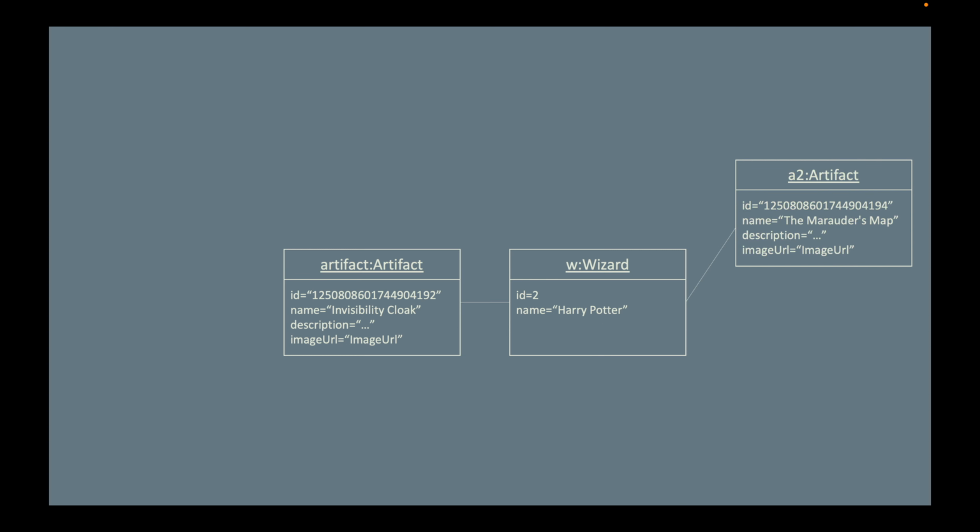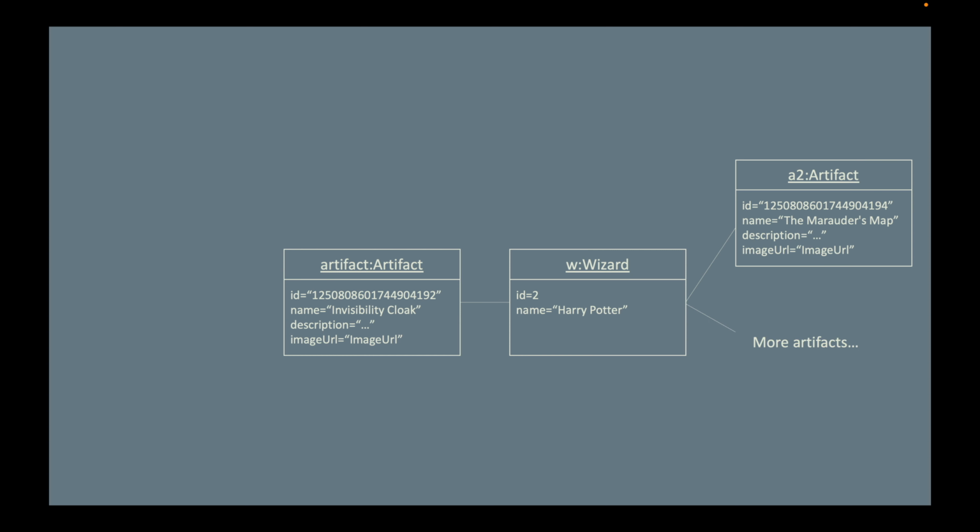As we know, an artifact has an owner. For example, in this case, the invisibility cloak has an owner, Harry Potter. On the other hand, an owner has many artifacts. And in our example, Harry also has a second artifact, the Marauder's Map. And in future, Harry may own more artifacts.